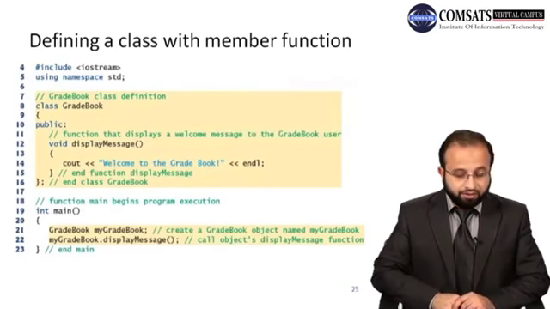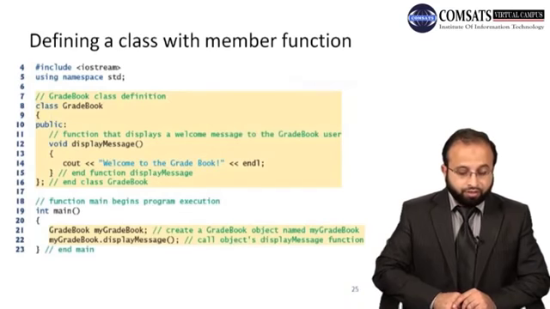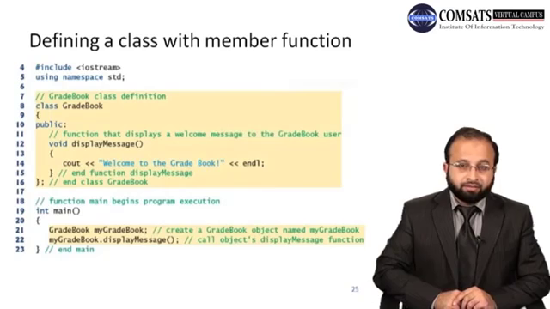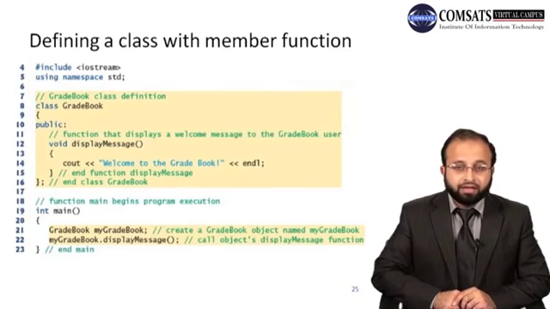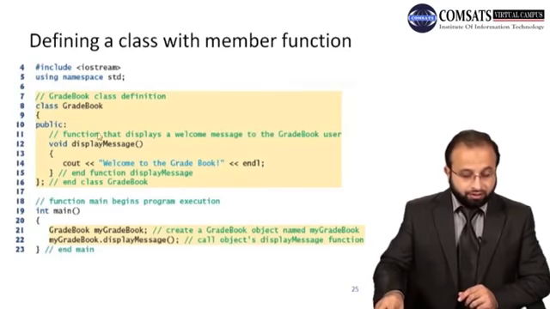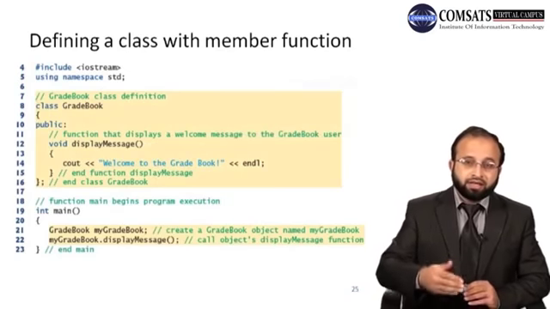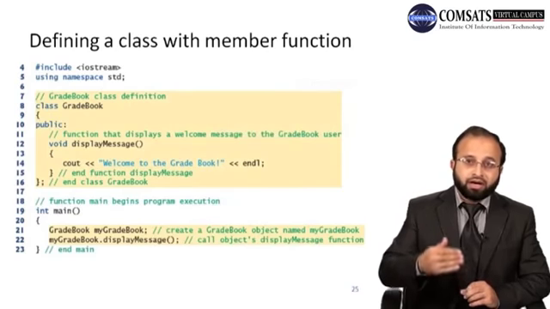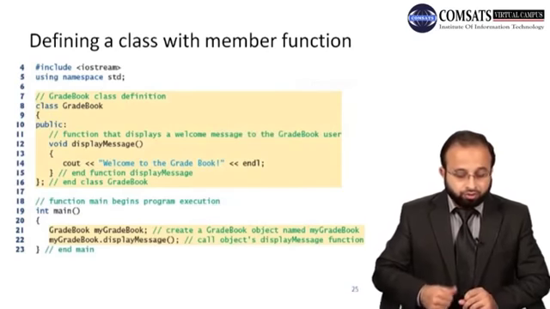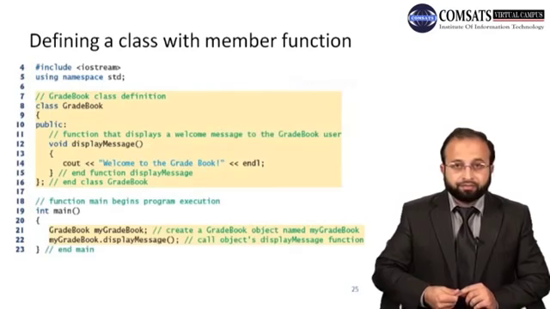So public means that you can access the public functions that are defined inside the definition of the class GradBook, and these public functions are accessible outside using the object of that class, right?